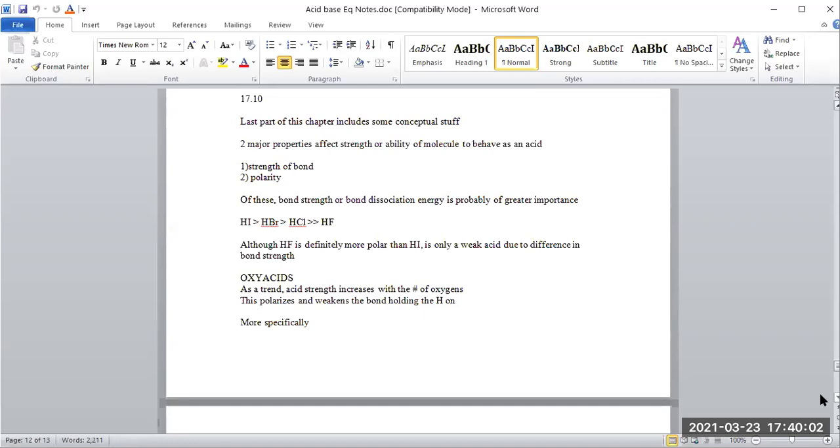So this affects how your hydrogens fall off, okay? Your hydrogen and iodine gives you hydroiodic acid.